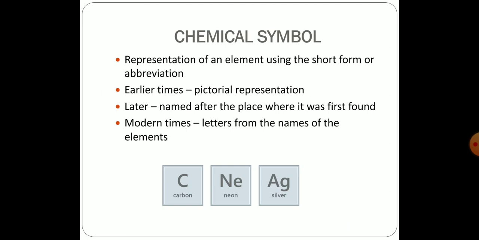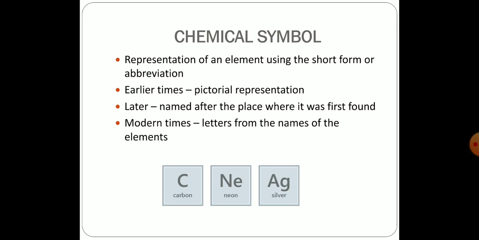Now we are going to see a new term called chemical symbol. Symbol means what? A small letter or an abbreviation. Abbreviation means short form. The short form which we are going to use for representing an element. For example, carbon.